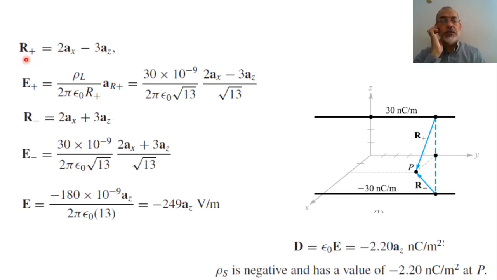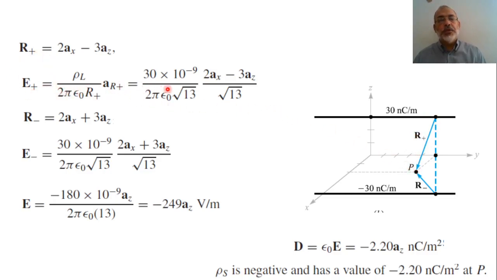This is r plus. Similarly, r minus is 2 minus 0 in x direction, 0 minus minus 3 in z direction, so it is plus 3 in z direction. This r plus and this r minus are the normal distance from the line charge to the observation point.